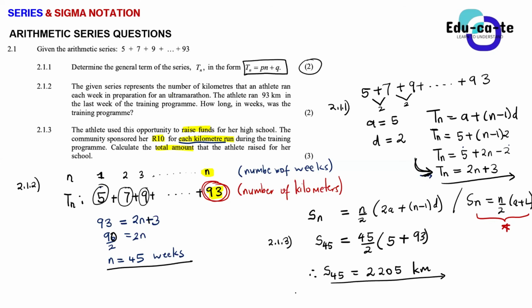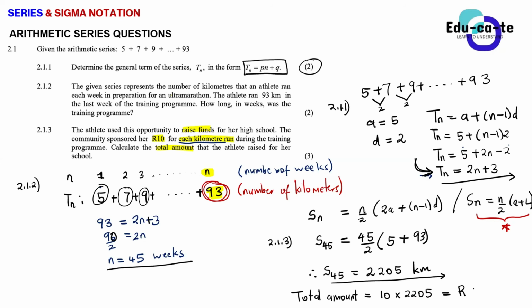So to find the total amount that she got, which will be our conclusion, the total amount is 10 times the 2,205 kilometers, because each and every kilometer she was getting 10 rands. So for 2,205 kilometers, how many rands will she get?